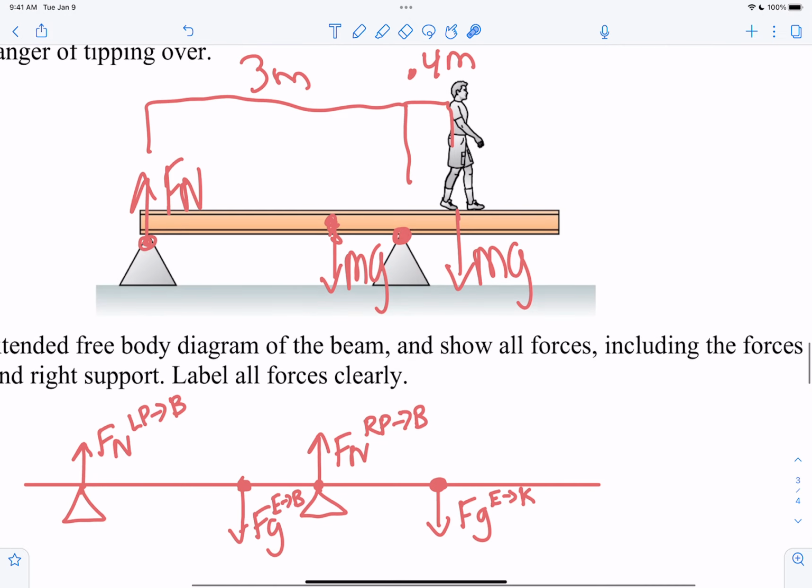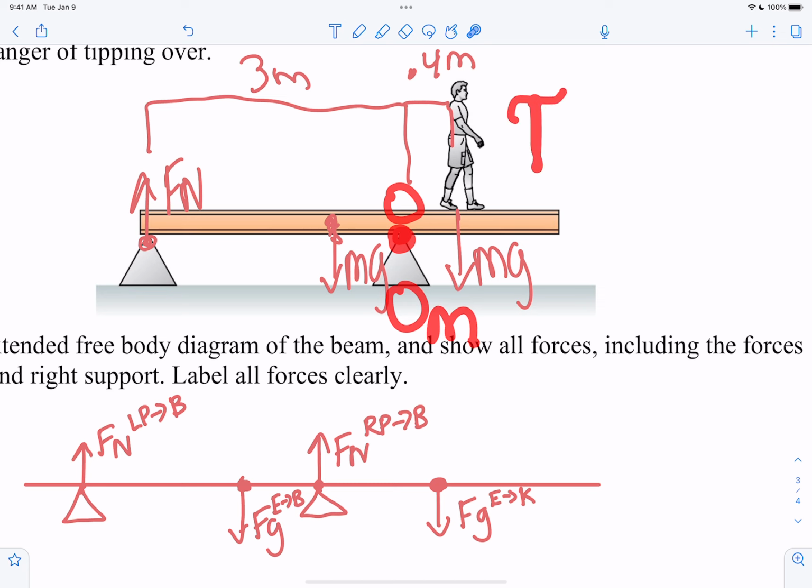So do you understand why we made our pivot right here the right support? So if this is our right support here, this is like our origin. This is our 0 meter point, right?